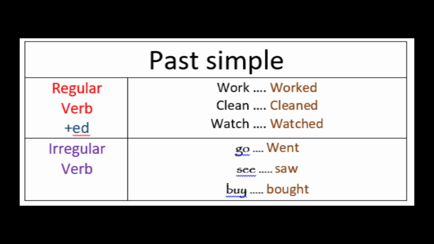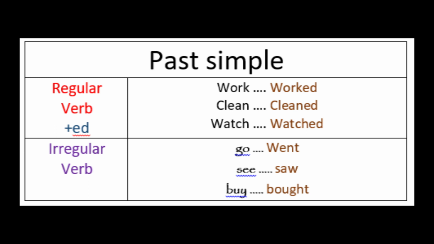So in all those cases, we see that there is ed. This is the most common ending. Later we will see there are a few other ways that we can do it, but usually we add ed. But in the irregular verbs that does not happen, we will not add ed, of course. In the irregular cases, sometimes the verbs change a little bit and sometimes they change completely. Like the verb go, in the past it becomes went, see becomes saw, buy becomes bought.